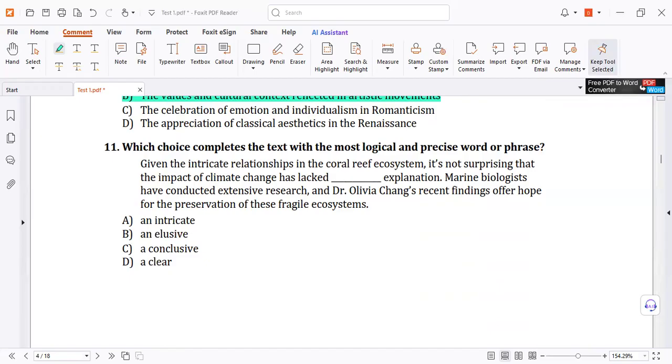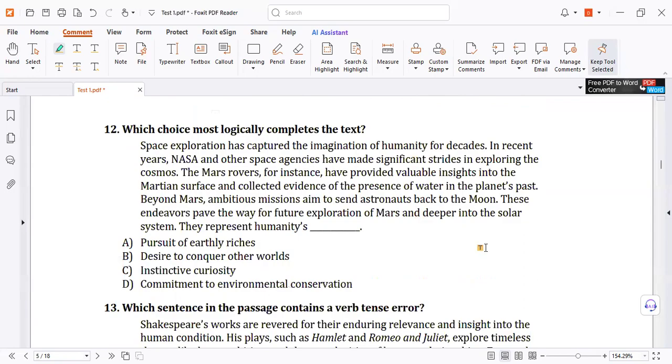Is it letter C? Letter C, conclusive, correct. Okay.